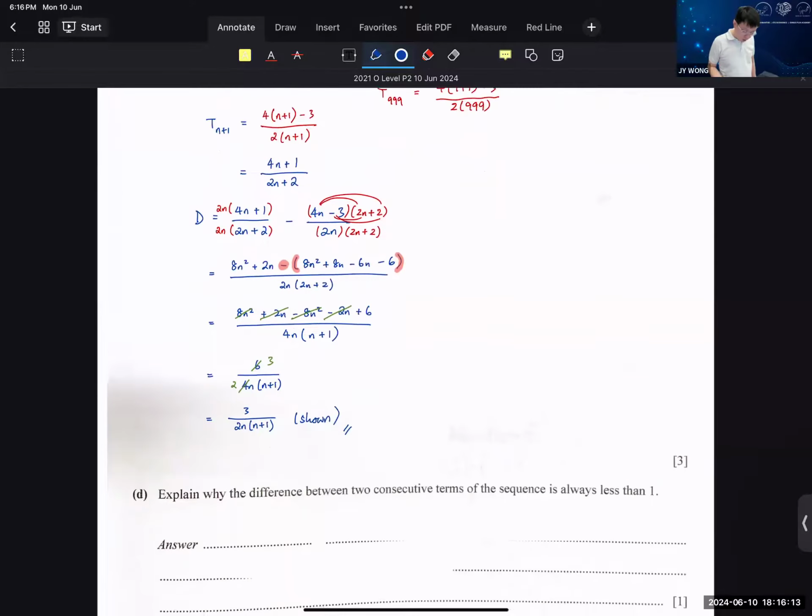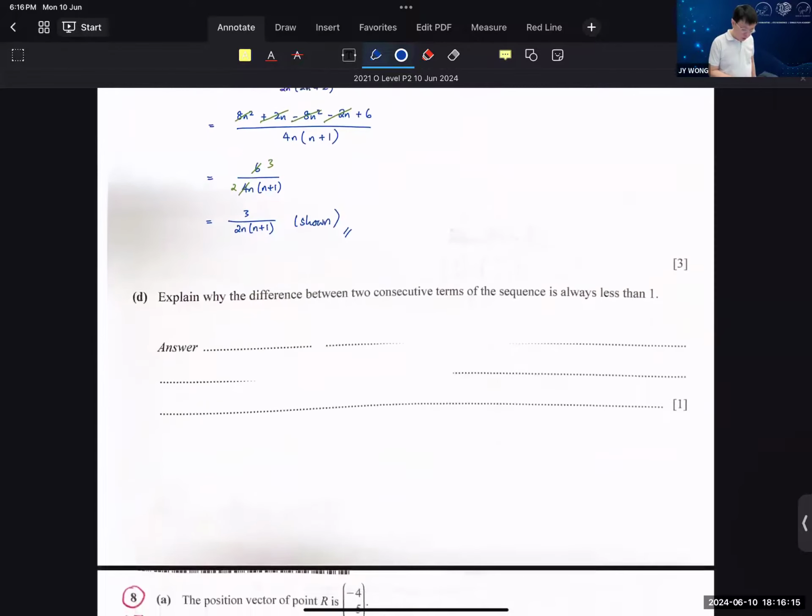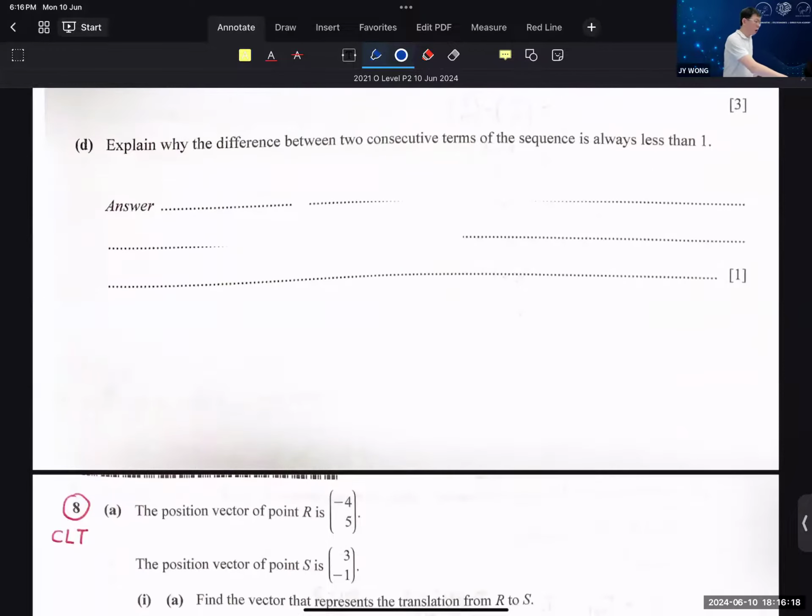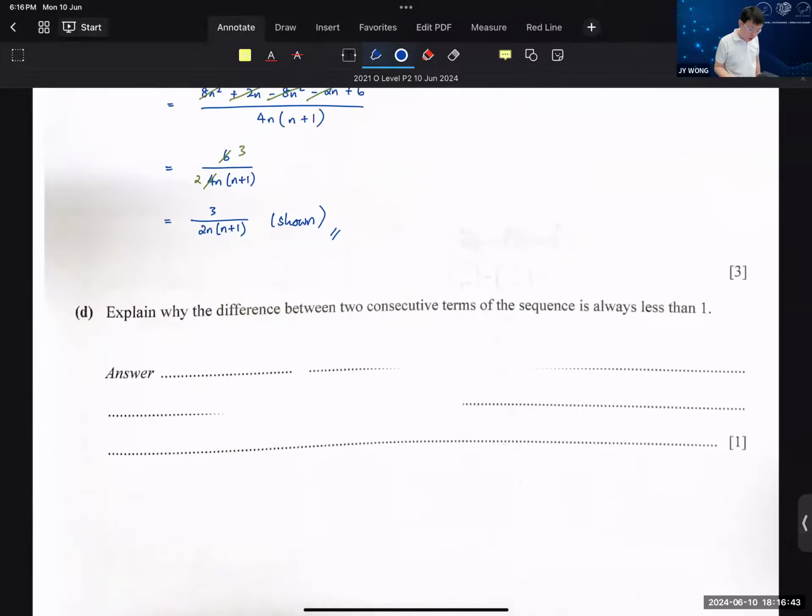Question D is another question that students struggle with, but thankfully it's only 1 mark. Now we go back to this.